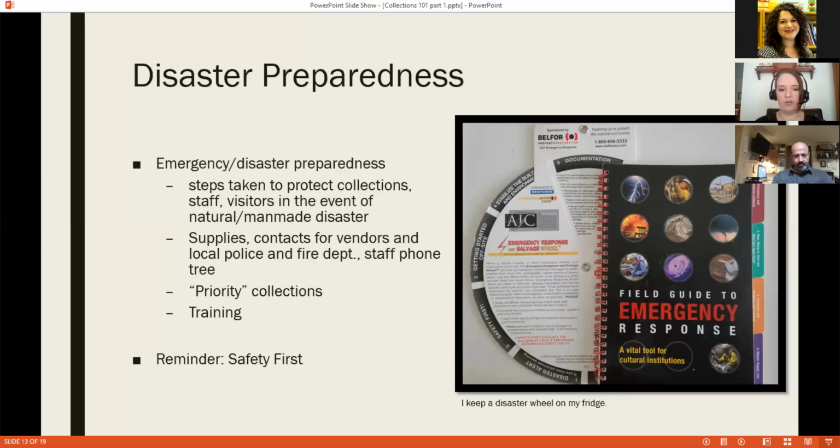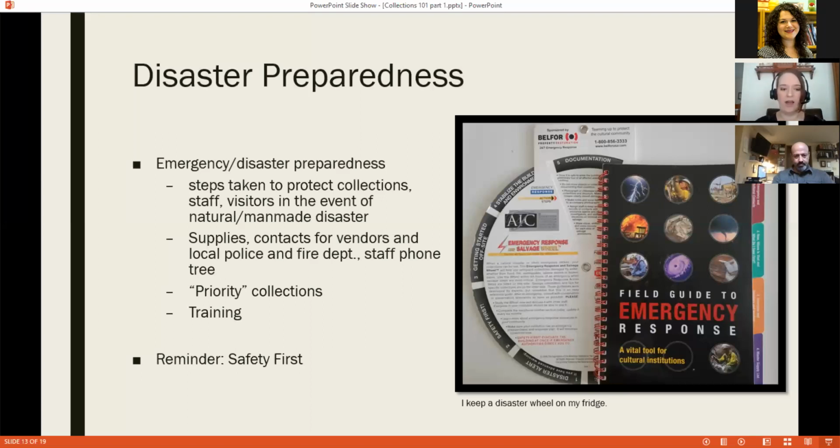You should also consider a phone tree of all your important staff: who could you have on call, and who can you go to, to be there at a moment's notice to help clean up whatever mess may ensue.